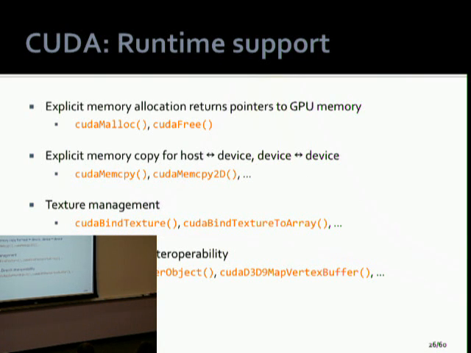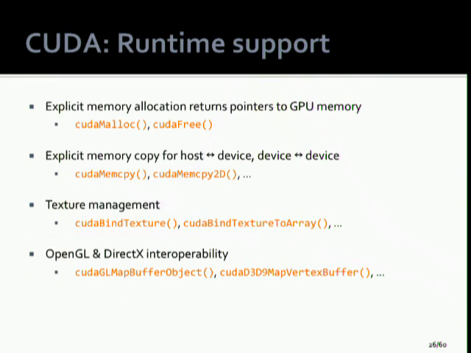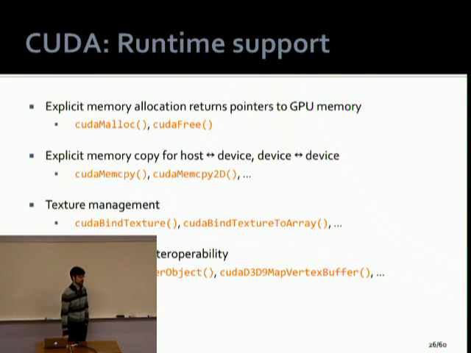And then there's a variety of CUDA runtime functions that you also need to use. Explicit memory allocation, and don't forget to free your pointers after you use them. That's a good habit. Explicit memory copies. Then there are some more graphics-y things like textures, which graphics chips have texture caches in addition to normal data caches.